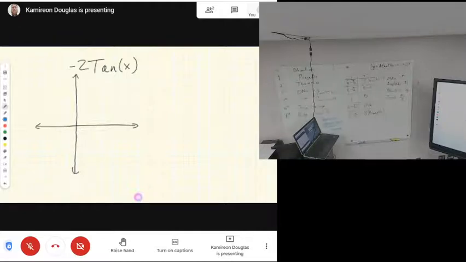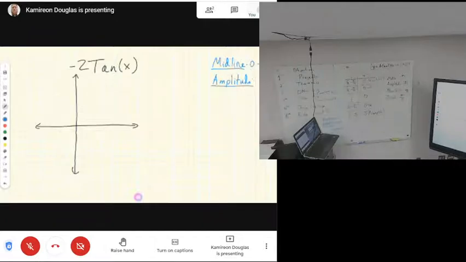Here we go. Midline. What do we got for the midline for this problem? 0, so the x-axis. Amplitude. How far up or down are my first major points going to go? 2. Okay.